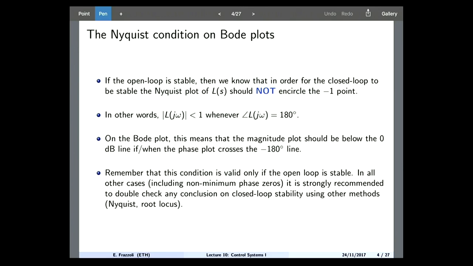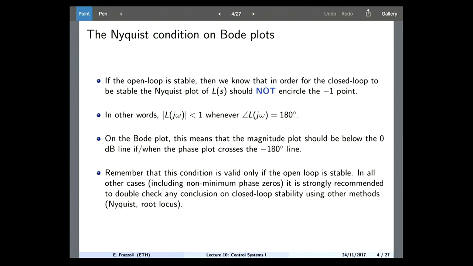We have seen the Nyquist condition on the complex plane. What does the Nyquist condition mean in terms of the Bode plot? If the open loop system is stable, then in order for the closed loop to be stable, I must not encircle the -1 point. What does that mean on the Bode plot?